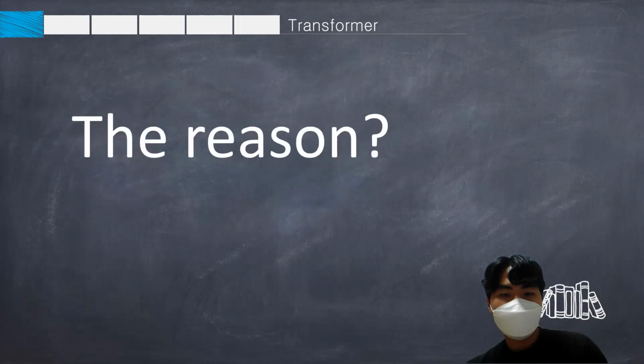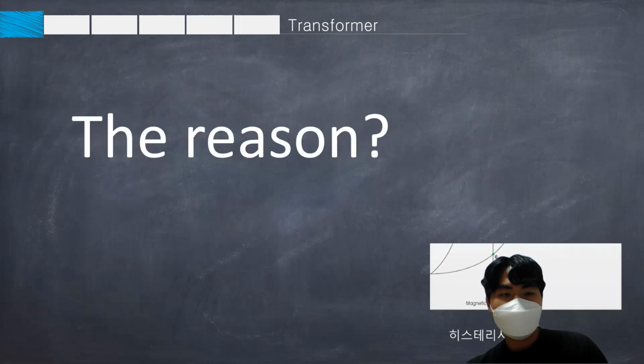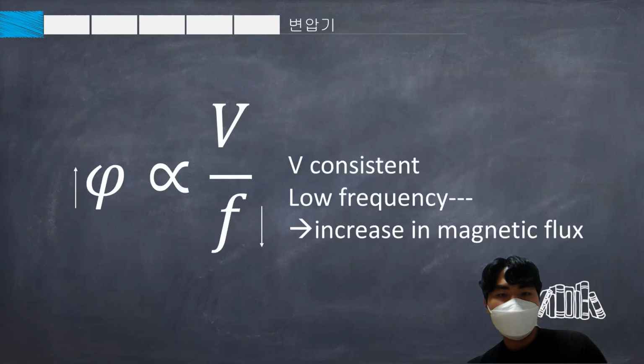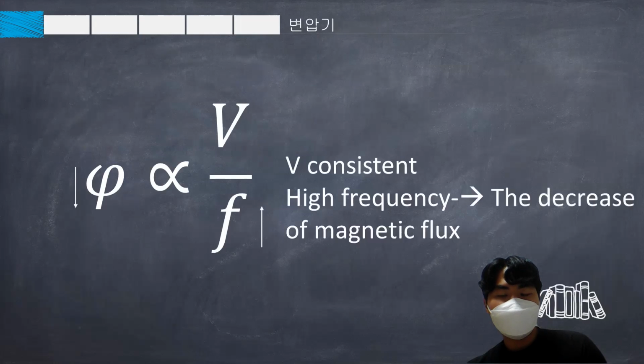The reason for this is that voltage equals 4.44 N Φ f, where f is frequency. So if the voltage is constant and the frequency is low, there's an increase in magnetic flux, and if the voltage is constant and the frequency is high, there's a decrease in magnetic flux.